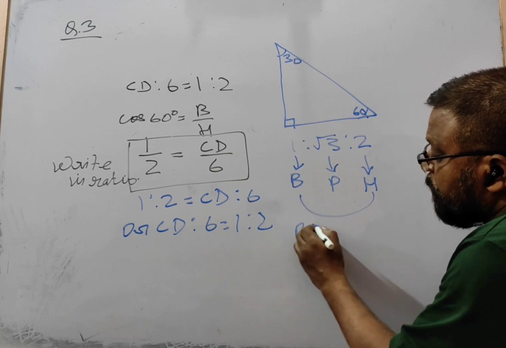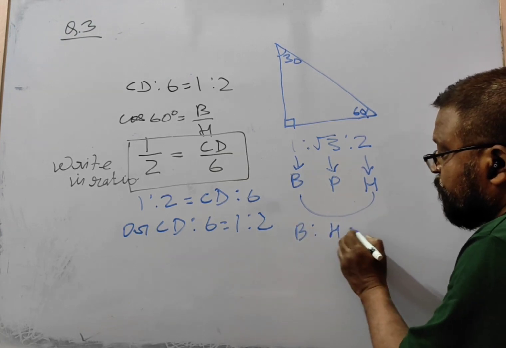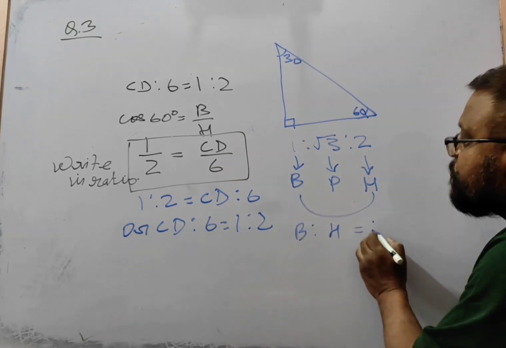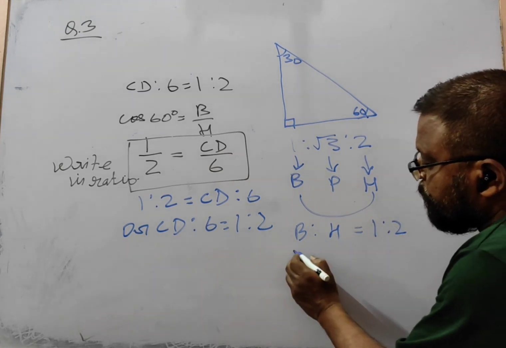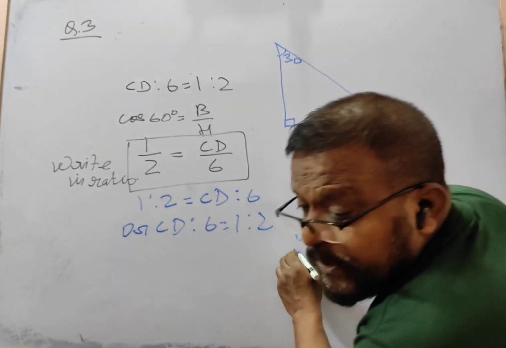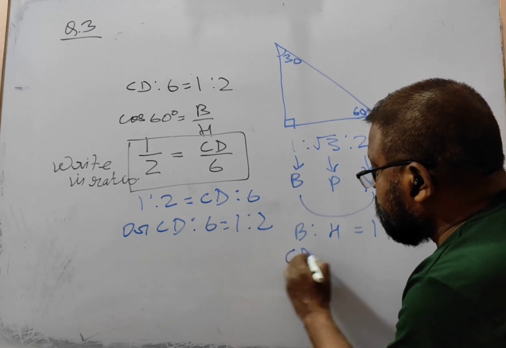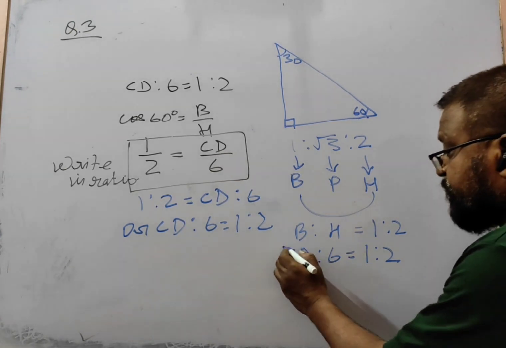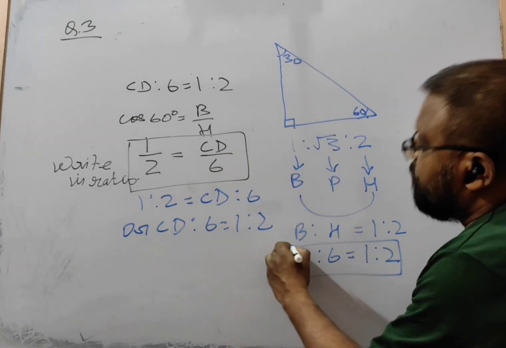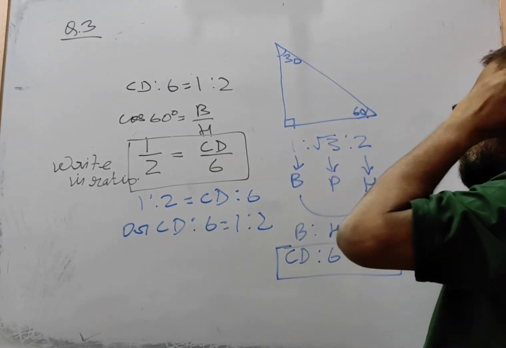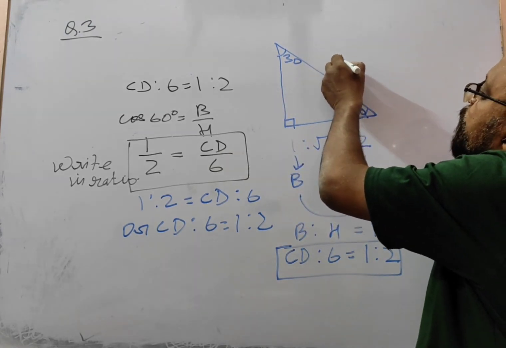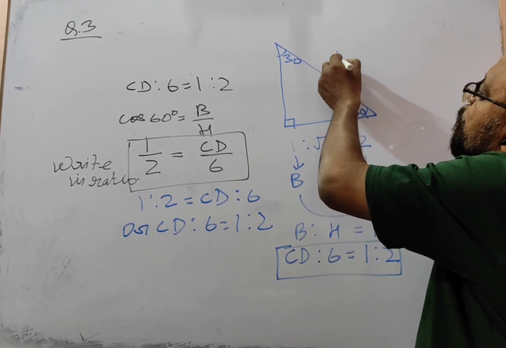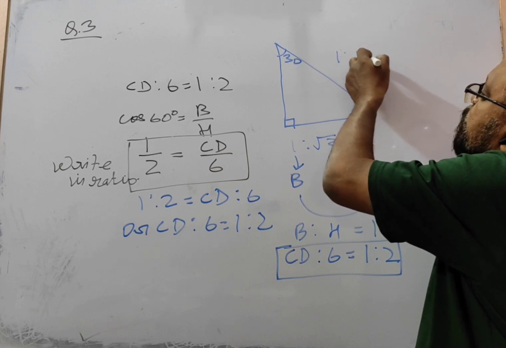So base ratio hypotenuse is 1 is to 2. Base is CD, so CD ratio 6 is equal to 1 is to 2. This is in your book. When triangles are in this format, the ratio of their sides is 1 is to root 3 is to 2.